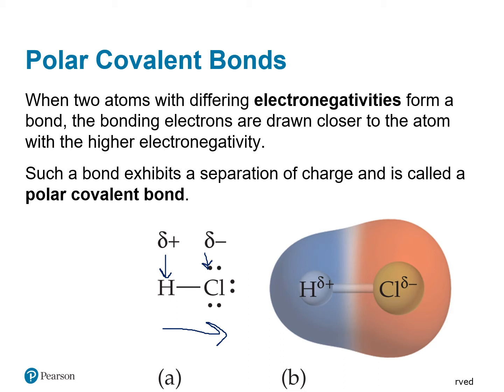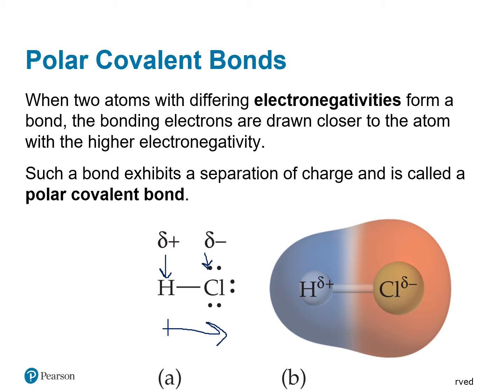Polarity is generally shown with an arrow and a cross like this. Wherever the arrow is pointing, that means the bond is polar, and it is polar towards chlorine, or the more electronegative element.